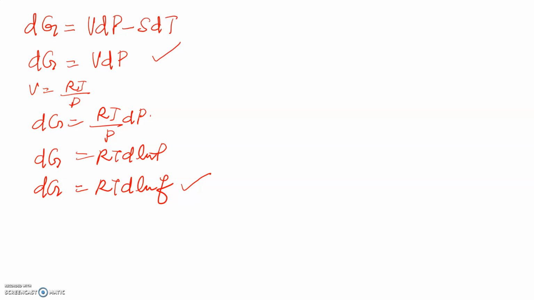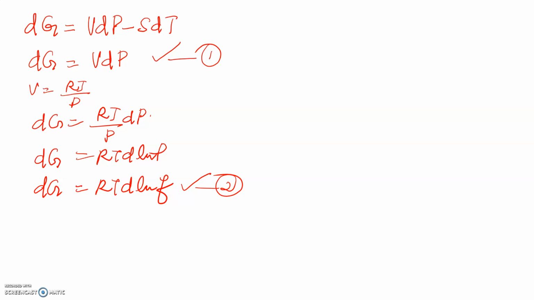Why we are equating is that at very low pressures, real gases behave ideally, and with this assumption we can equate dG. Here let this be 1 and let this be 2.